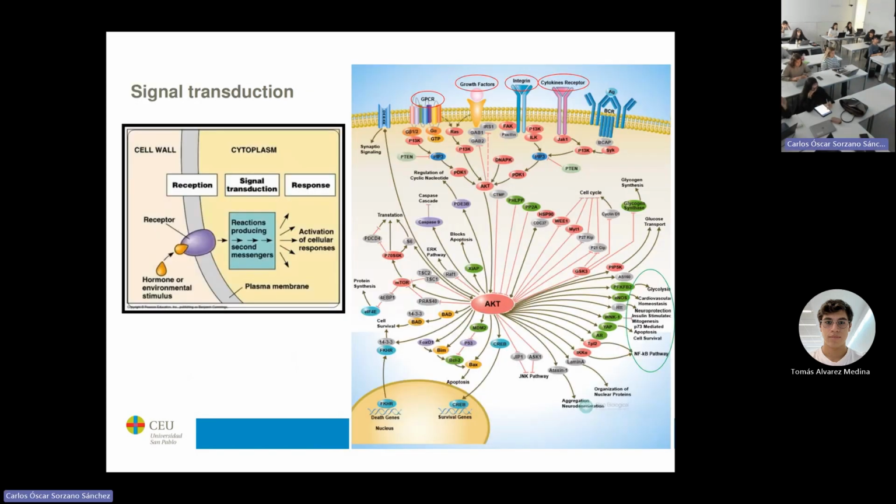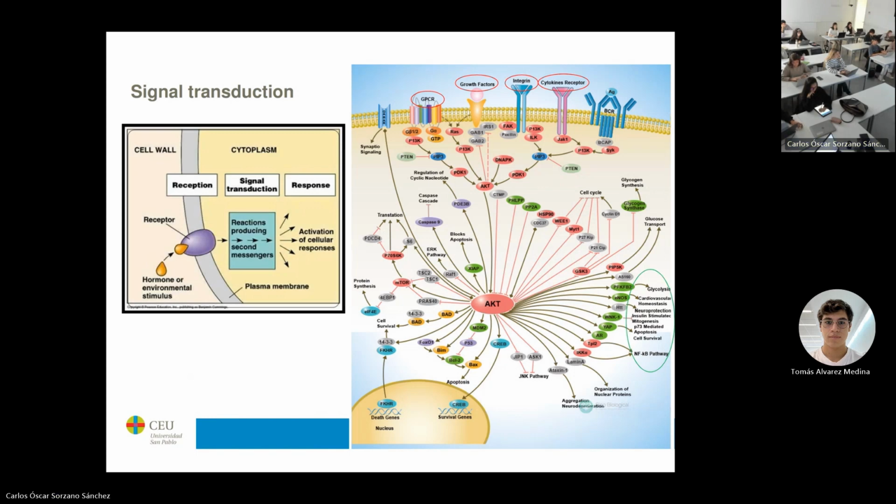Here is the same idea, but now with a little more detail. There are a number of receptors that are mostly involved in this kind of detection. GPCR is a whole family of molecules, and actually most drugs affect the GPCR receptors. Then you have growth factors, integrins, cytokine receptors, and also antibodies that combine with some antigen.